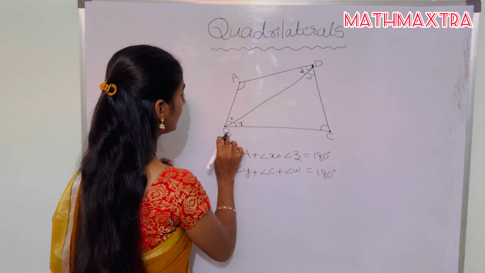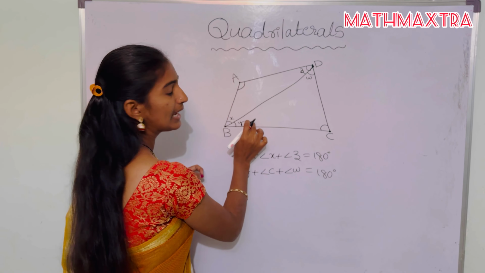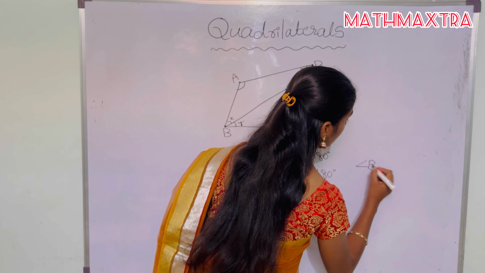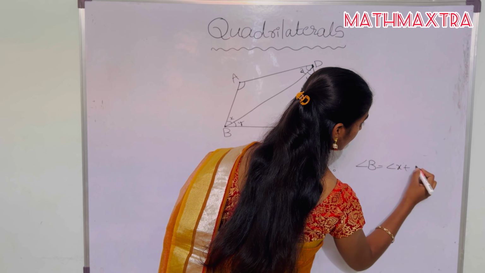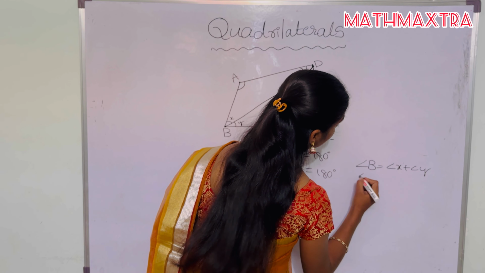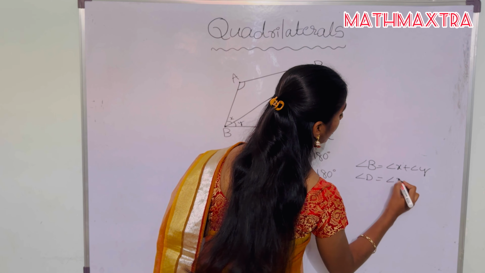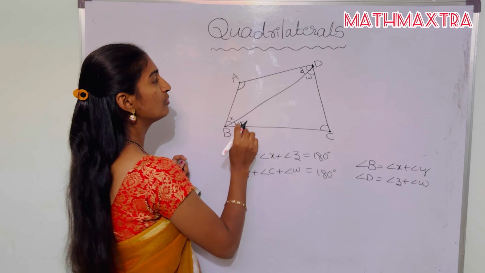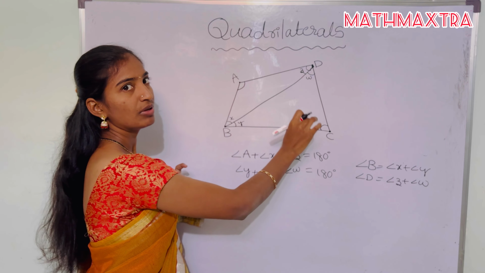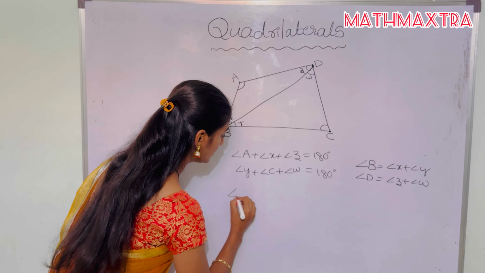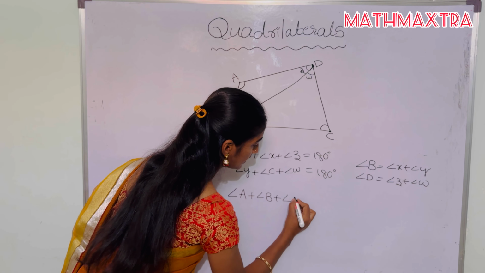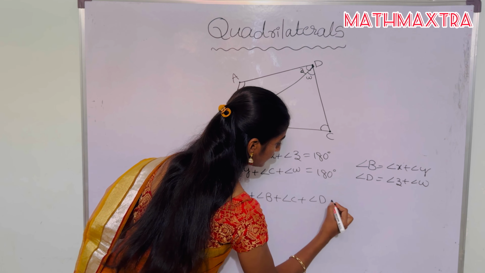We know very well angle B is nothing but angle X plus angle Y, right? And angle D is equal to angle Z plus angle W. Okay. Now what do we need? We need the sum of all interior angles, right? Which is nothing but angle A plus angle B plus angle C plus angle D. Okay.